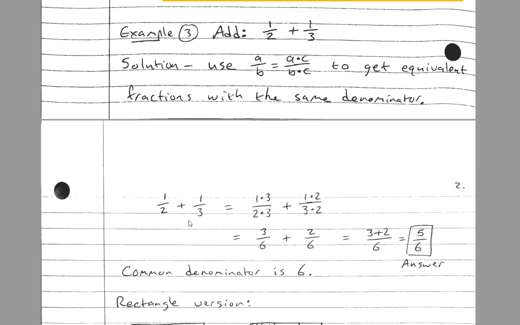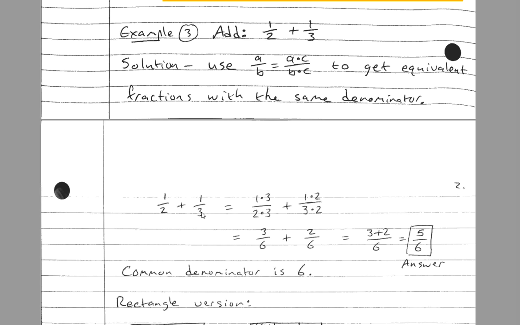Okay, well, here we can see as 6, we can get 6 as a common denominator. So if you multiply the top and bottom by 3 here, you get 3/6. Okay, so 1/2 is equivalent to 3/6.